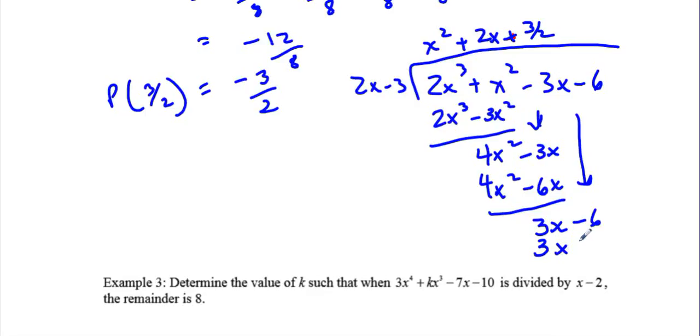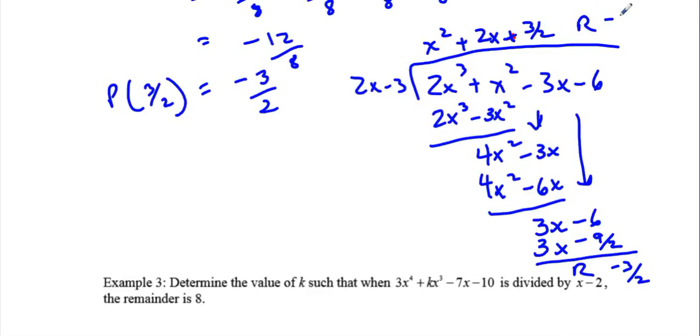And 3 halves times minus 3 is minus 9 halves. And when I subtract again, minus 6 minus 9 halves is minus 12 halves, plus 9 halves, which is minus 3 halves. So our remainder is minus 3 halves.